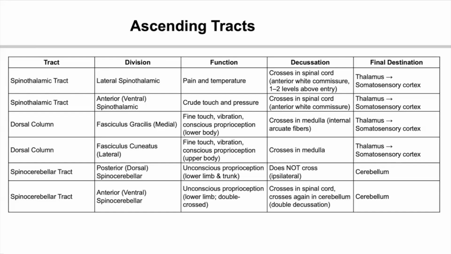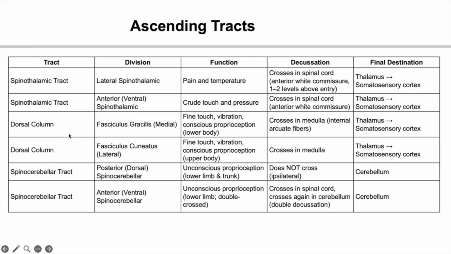Next is the dorsal column. The dorsal column, as we learned, consists of two major groups of nuclei. One is the fasciculus gracilis, the other is the fasciculus cuneatus. And we know funiculus means white columns, okay?